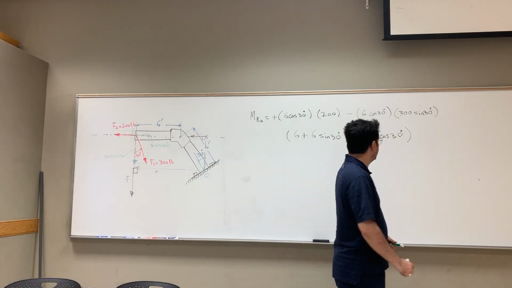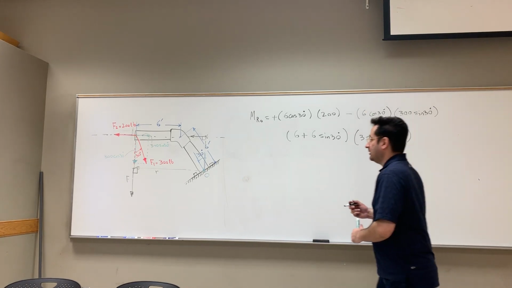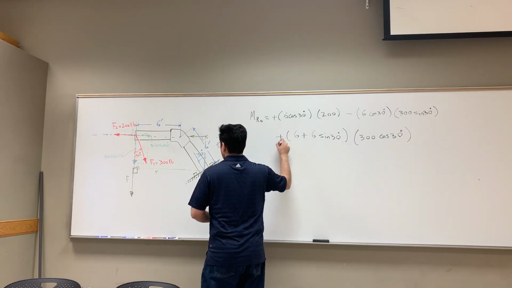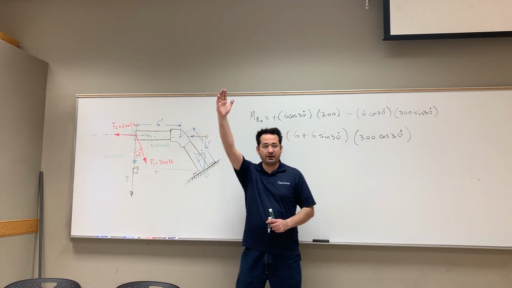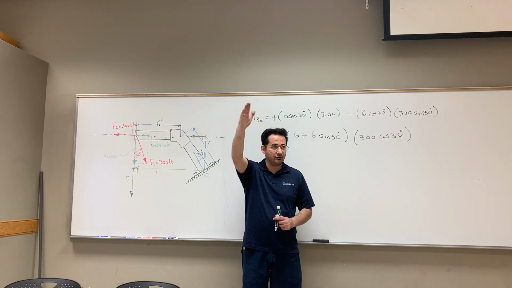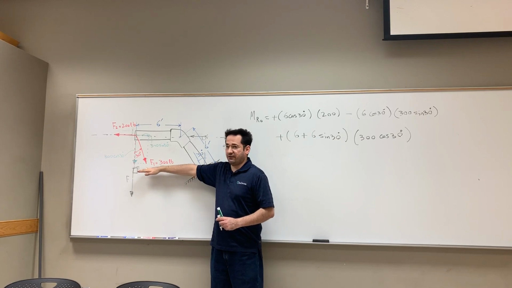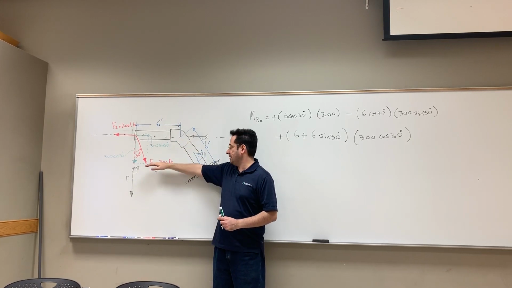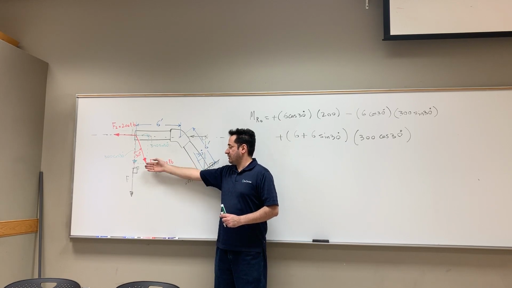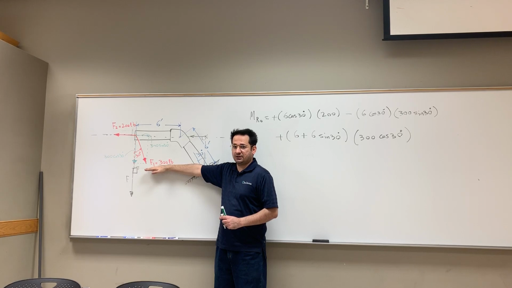Positive or negative? Positive. Why? Take your right hand. Every single time you have to take your right hand. Finger goes to R. Now your hand is fixed. You can't do this or this or this, right? You can either do this or this, right? Now the palm is showing force.